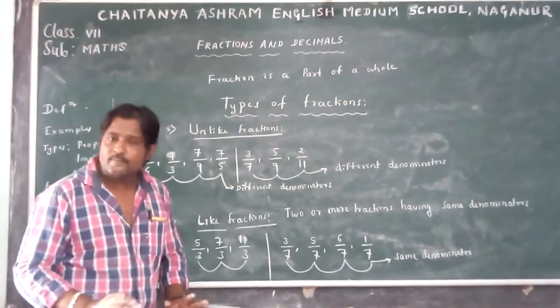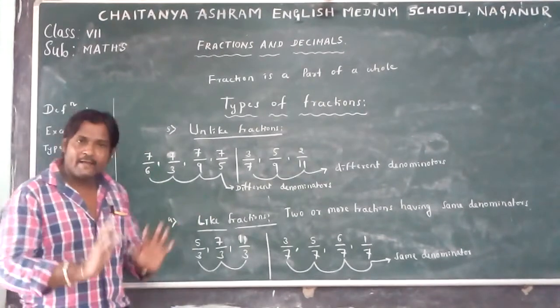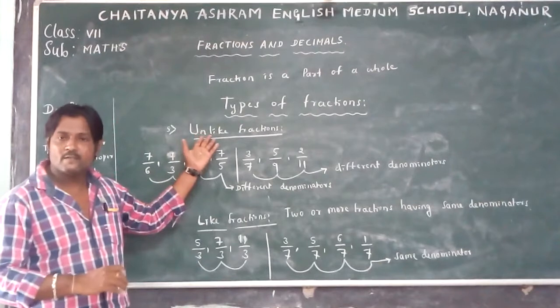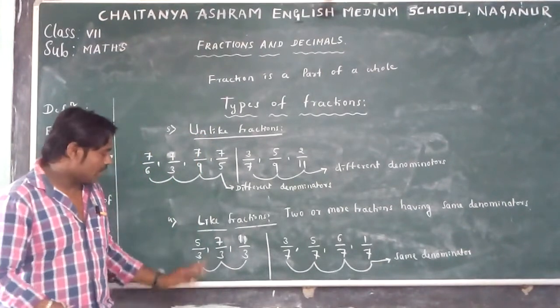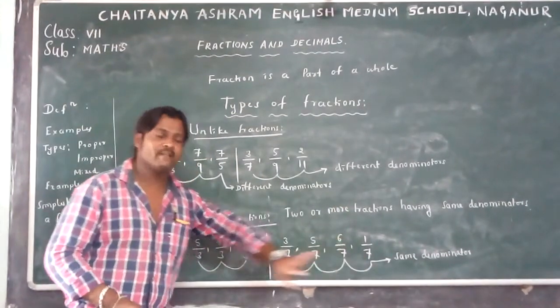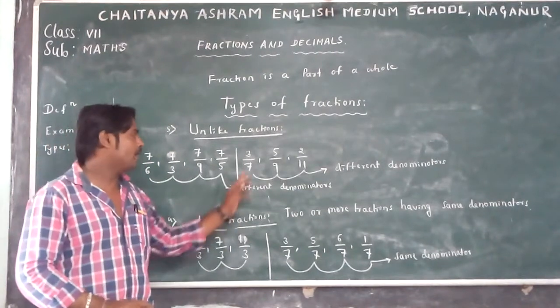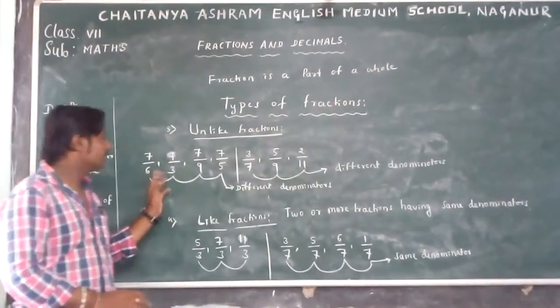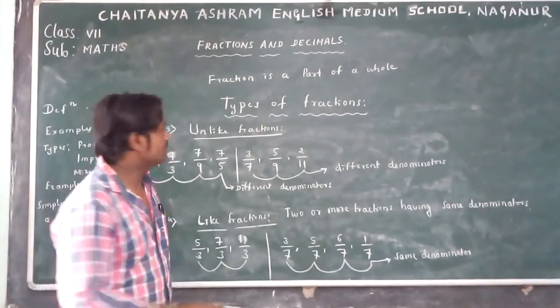So my dear students, here the thing is that like fractions and unlike fractions, don't bother about numerator, observe only denominators. If the fractions have same denominators, such fractions are called like fractions. If the fractions have different denominators, such fractions are called unlike fractions.